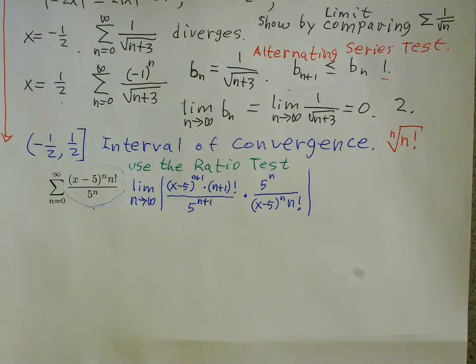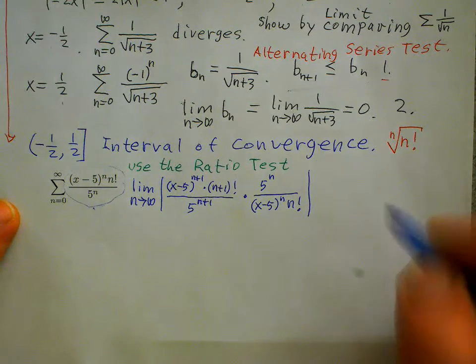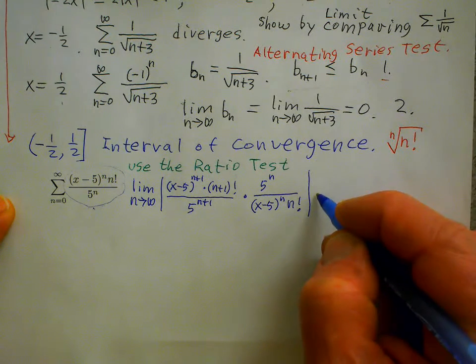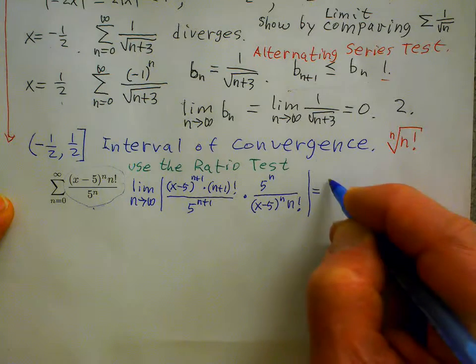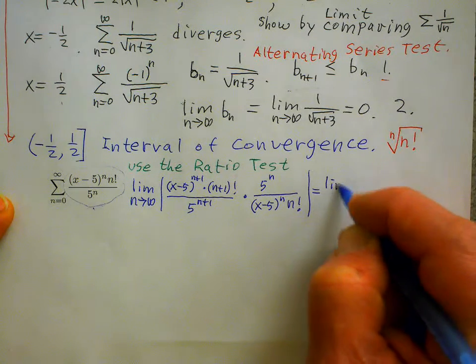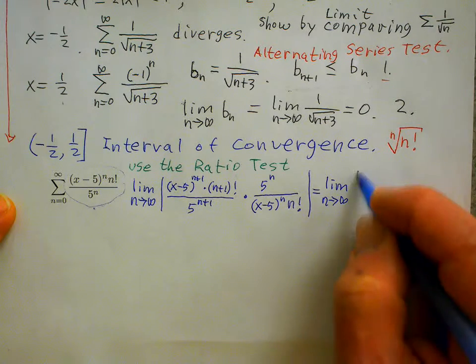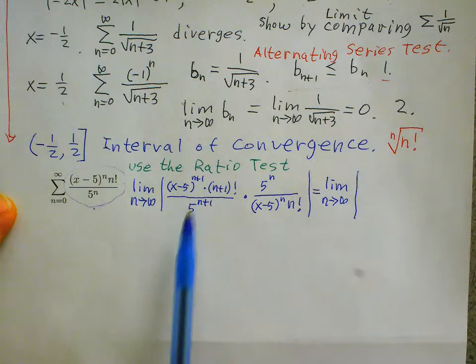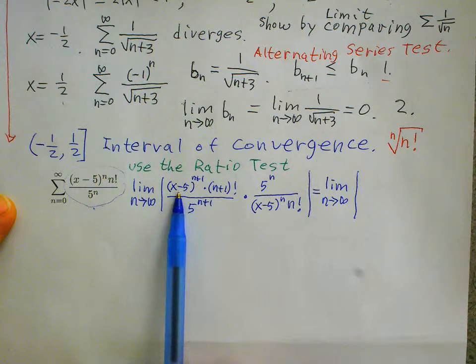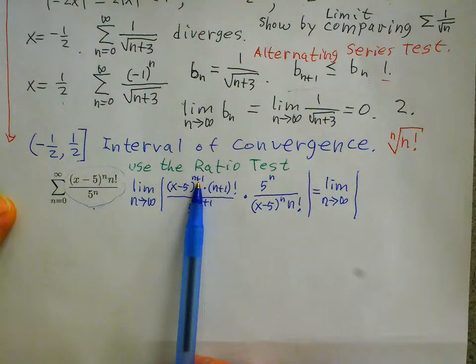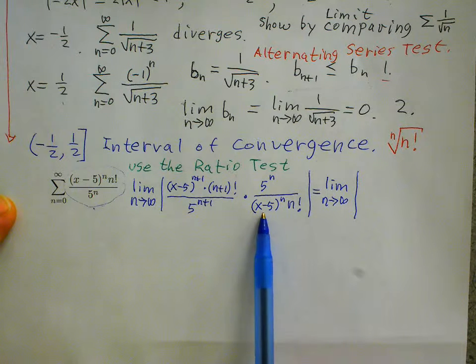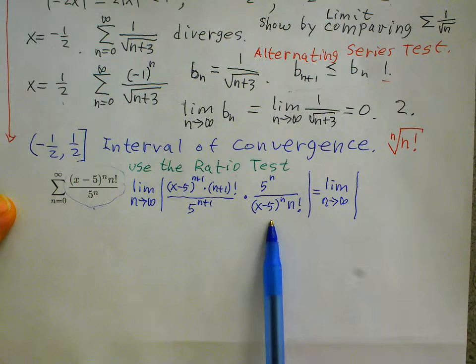Okay, then we'll simplify a bunch of things. If I skip too many steps, let me know and I'll explain in more detail. First of all, let's focus on the binomial (x minus 5) raised to the n plus first in the numerator. We're dividing that by the binomial (x minus 5) to the nth in the denominator.